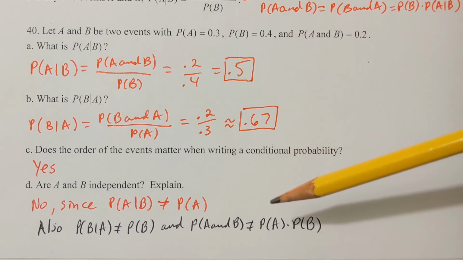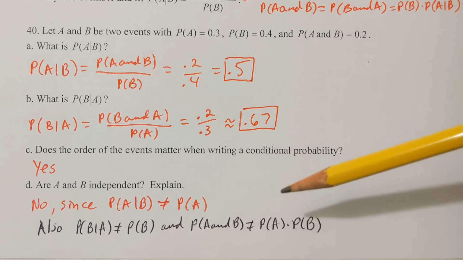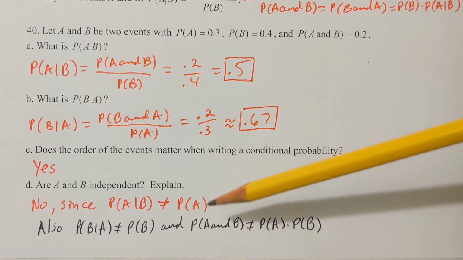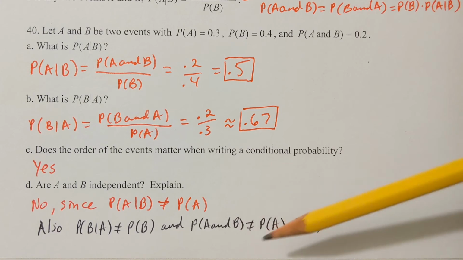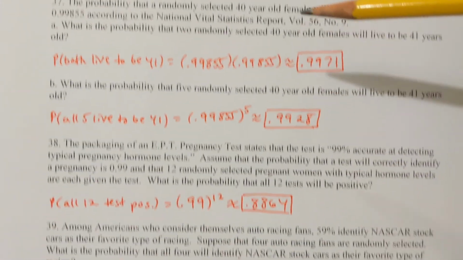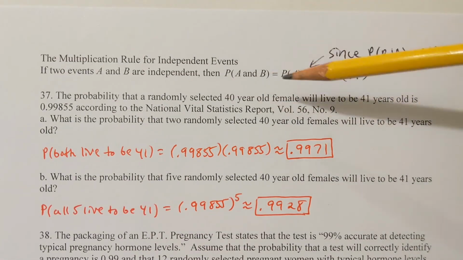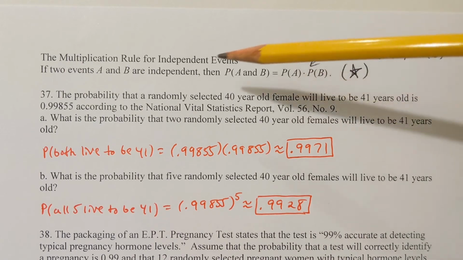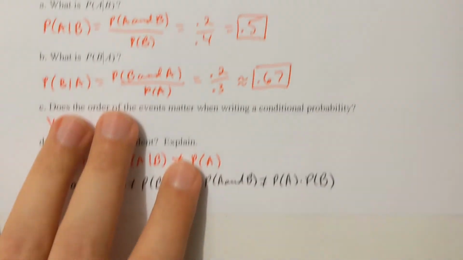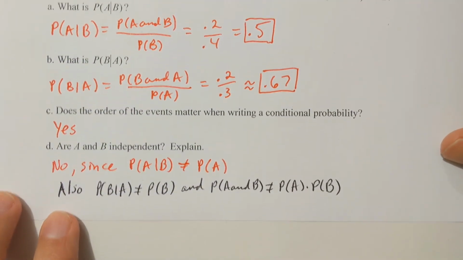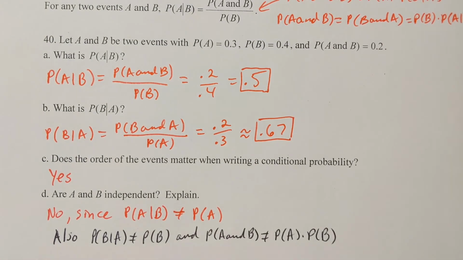Now you could, if you wanted to, use the multiplication rule for independent events. So I can only use this formula when I've got independent events going on. Okay, that's up here. So the probability of A and B, well, that's equal to 0.2.